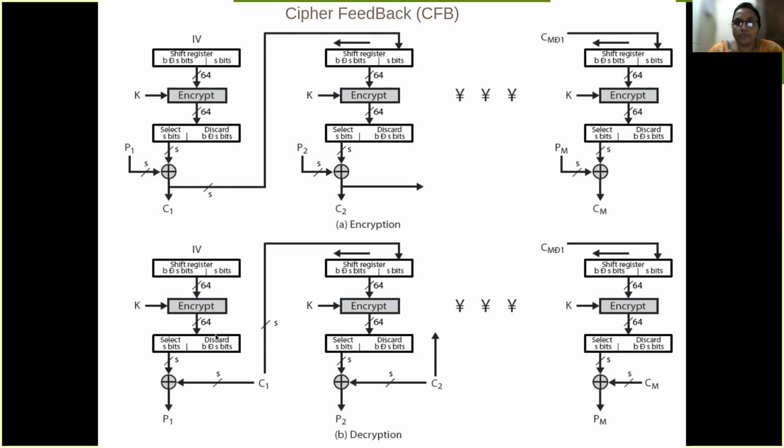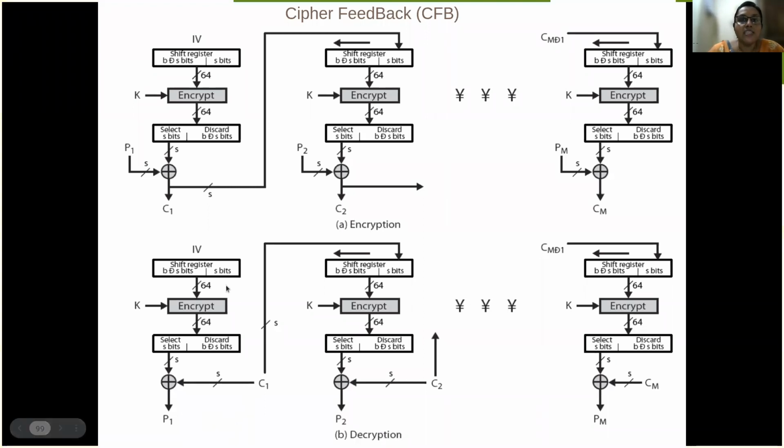The only difference over here is that the first cipher, with this S value, is given as input and XORed to get the plain text, because the IV is not used over here. Here we are using the S values to XOR. So this is slightly different from the previous methods.